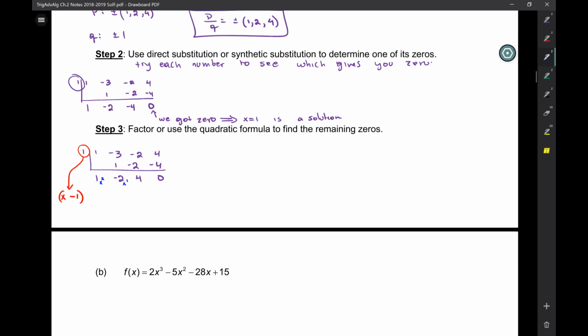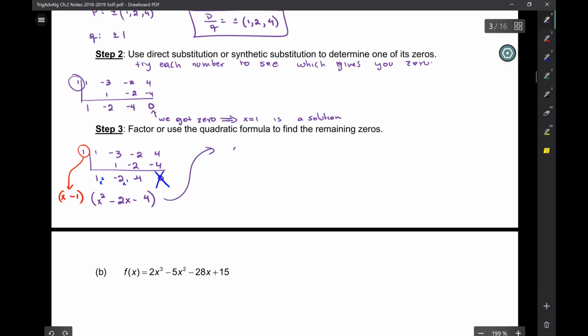That's just a 1. It goes away. And the last number we throw away. So basically that turns into 1x squared minus 2x plus 4. Okay? So basically we had x cubed and then x squared, x to the 1, and nothing. Wait, should that be a -4? Oh yes, I copied too quickly.